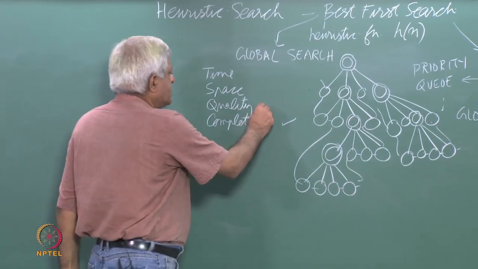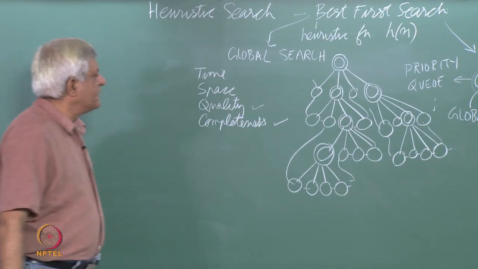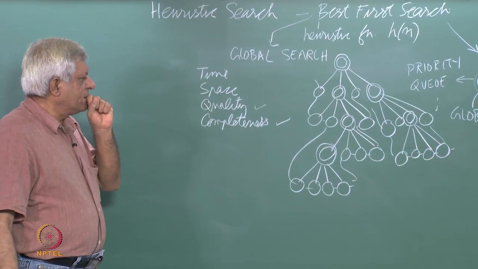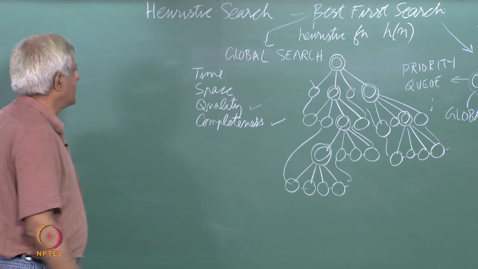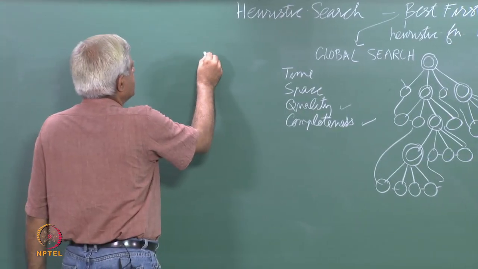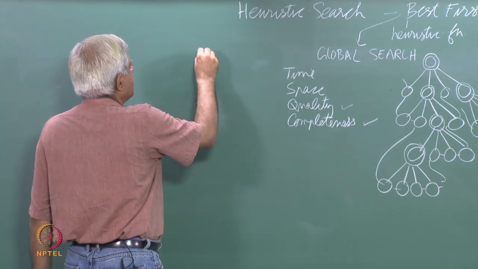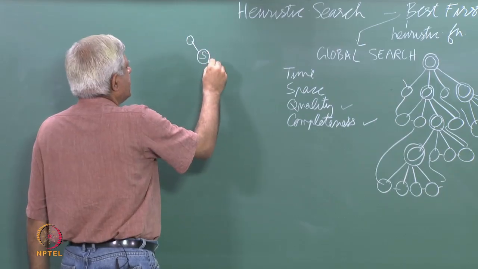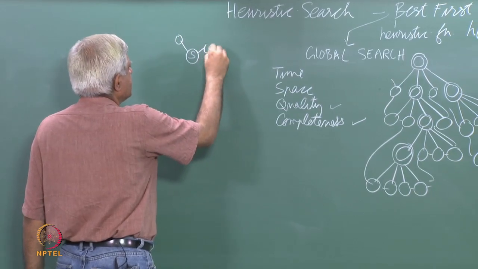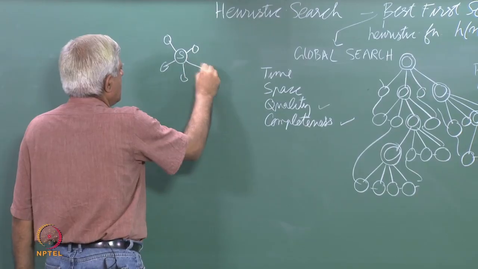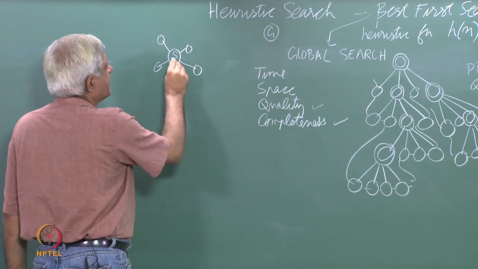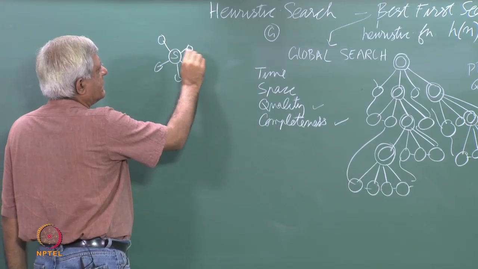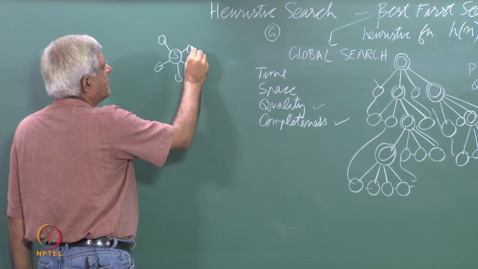The quality of the solution, as we saw, is not necessarily an optimal path. An example of that is, if this is a start node and it has some successors and the goal is somewhere here, then it is likely that best first search will go along this path.